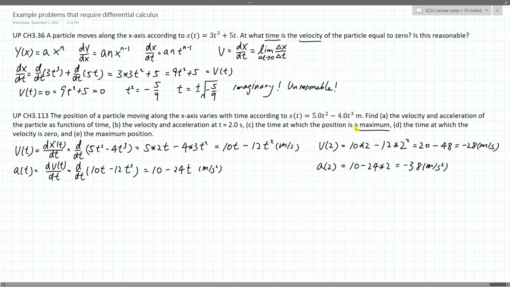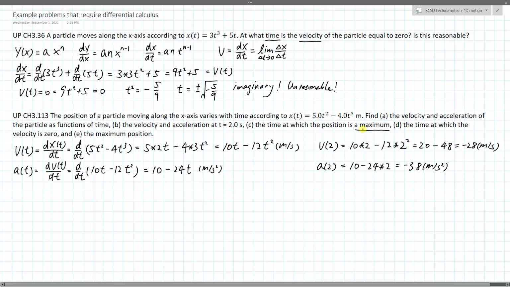It has to turn around and go backward in order for it to be at the maximum, right? So we can use the physics context to say that a maximum position is paired with a 0 velocity, because you need to turn around. If you don't turn around, then you keep going, and there may be another new maximum further down in time.